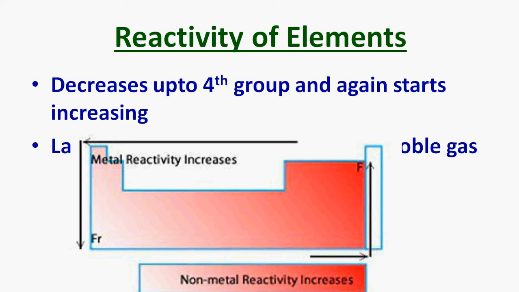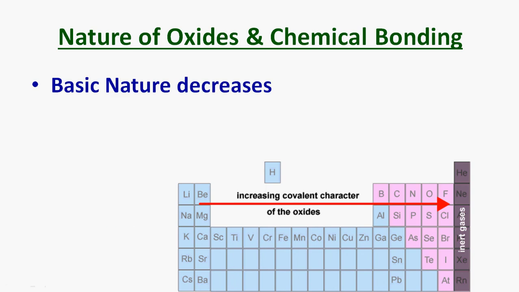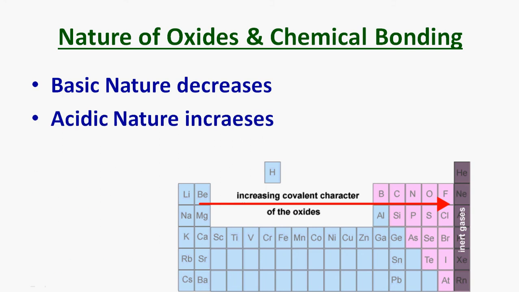The next property we have is the nature of oxides of the elements and chemical bonding. So as one moves from left to right in a period, the basic nature of the oxides gradually decreases and the acidic nature of the oxides gradually increases. The first member of the period forms a highly basic oxide and the last member forms a highly acidic oxide.